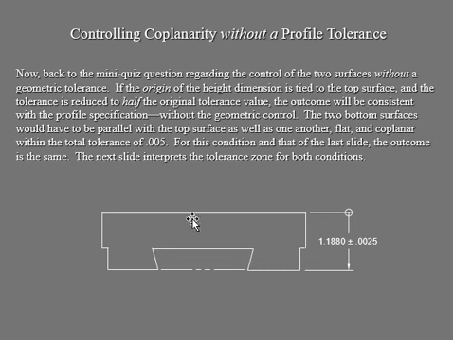There is no control frame given to you. So we just deal with the basic tolerance given to you here. So the two bottom surfaces will have to be parallel to the top surface, as well as parallel to one another, flat, coplanar within that tolerance, 0.005.